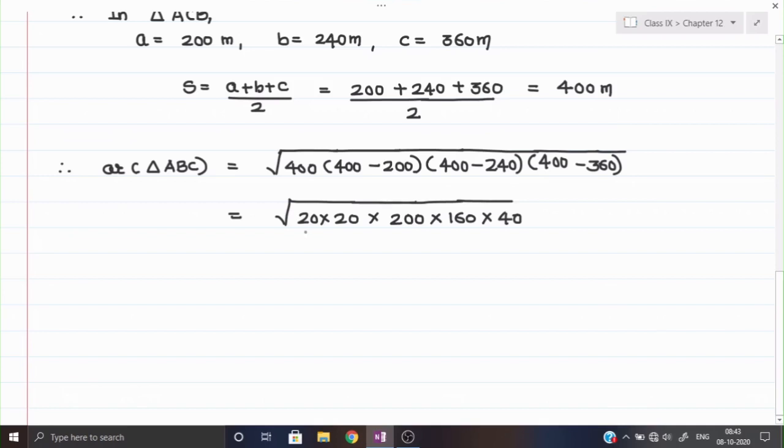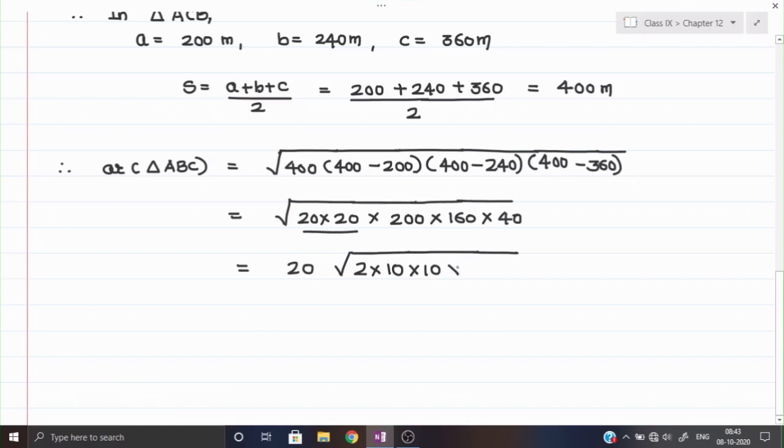Now here a pair of 20 is formed, that we can take outside, and inside numbers we will try to form pairs. So first of all, 200 I can write as 2 into 10 into 10.